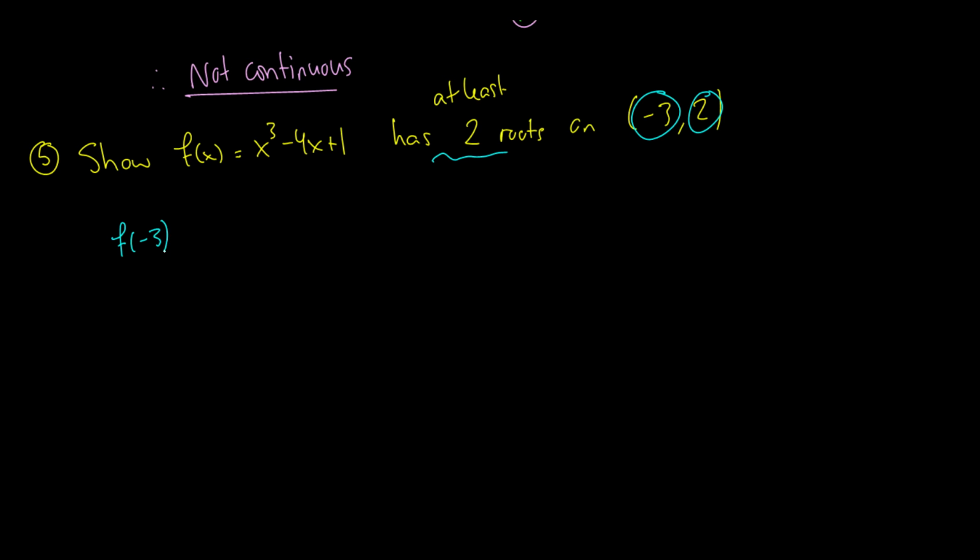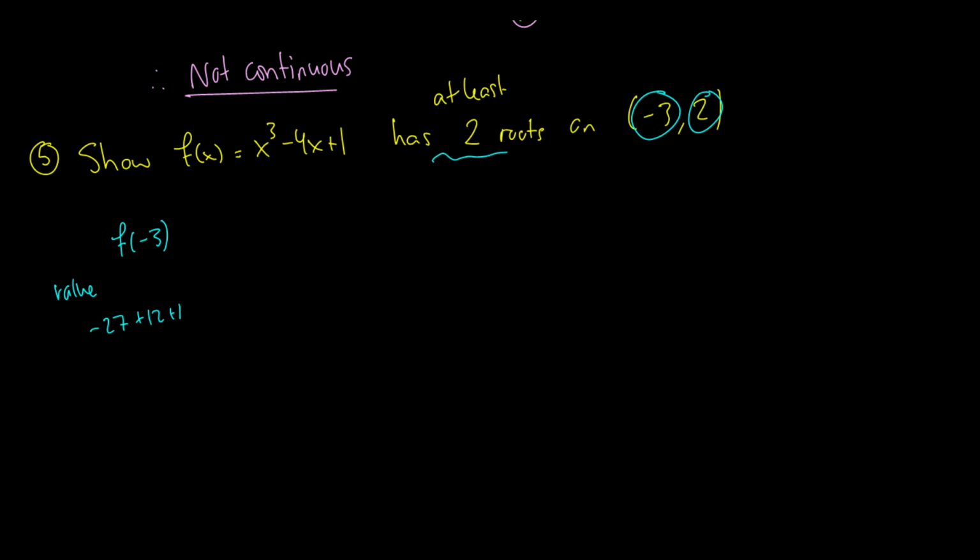When f is -3, our value is going to be, well, we're going to have -3 cubed, which is -27. -4 times -3 is plus 12 plus 1.